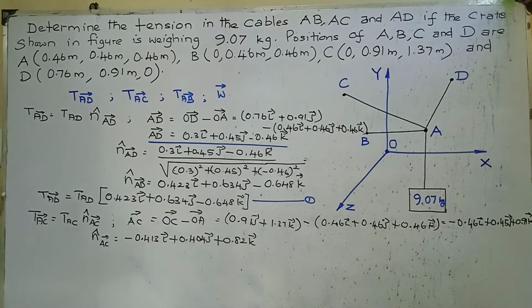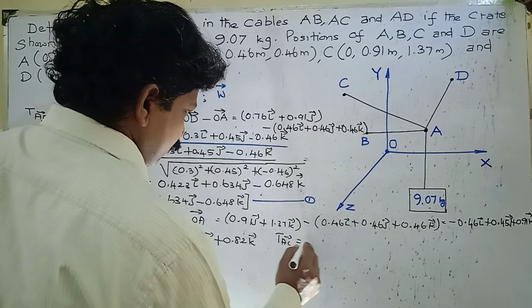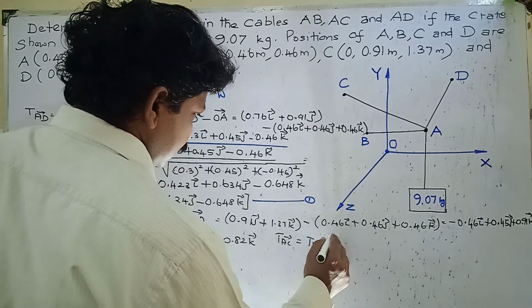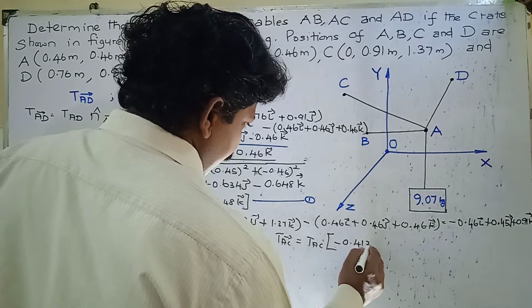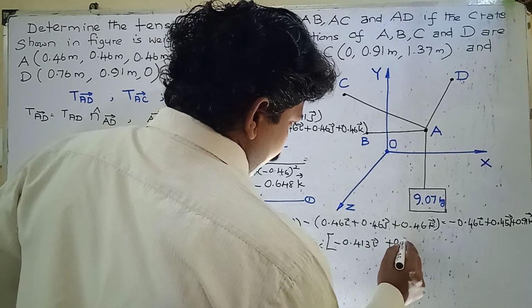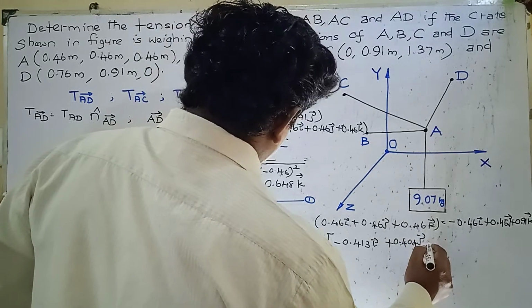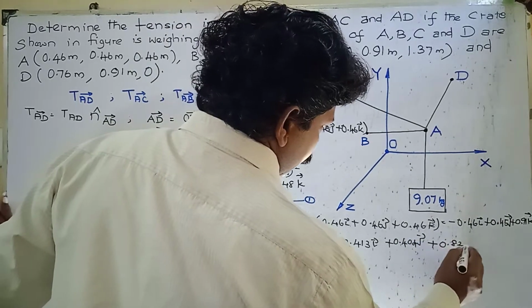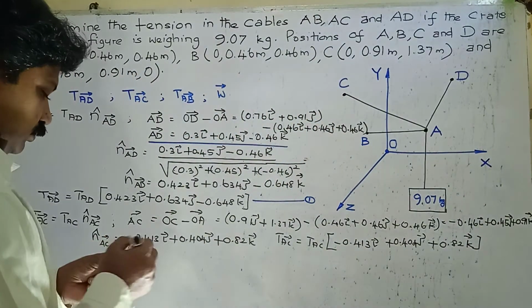So TAC vector equal to TAC into minus 0.413 i vector plus 0.404 j vector plus 0.82 k vector. So this is equation 2.